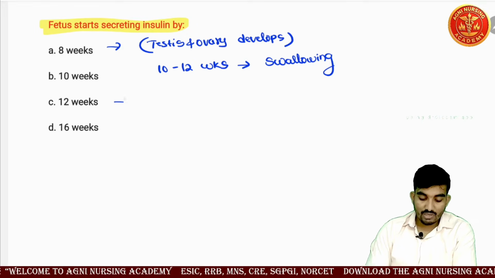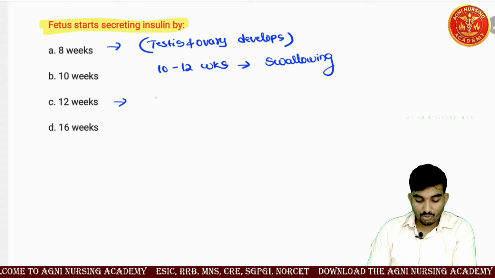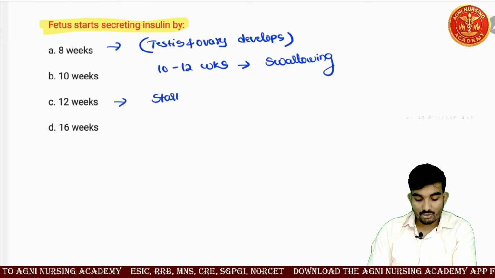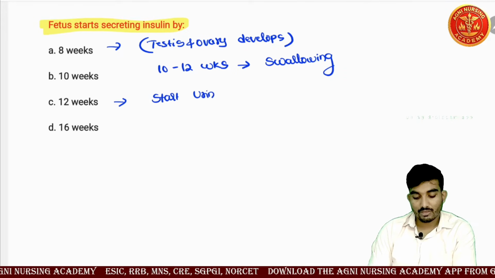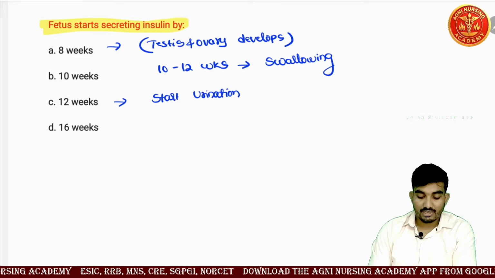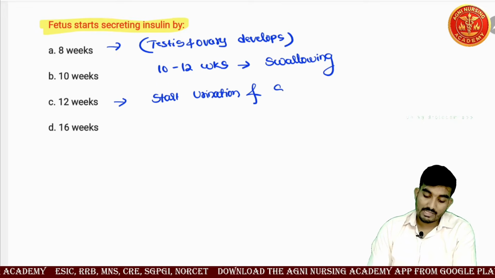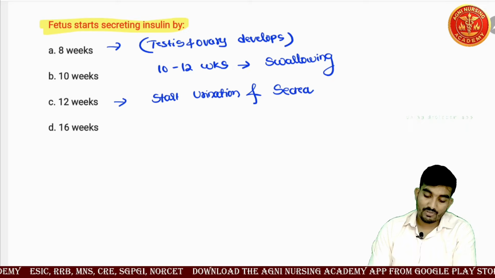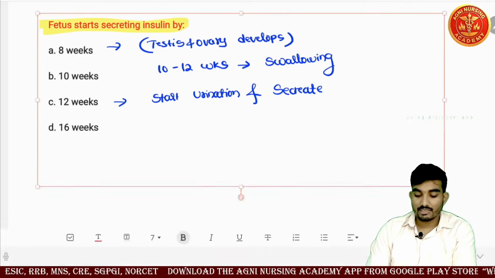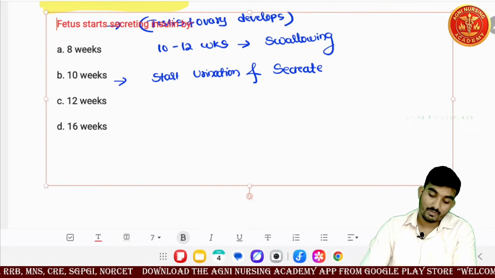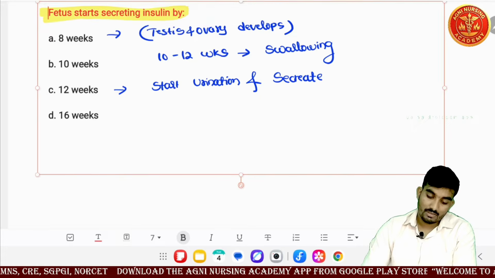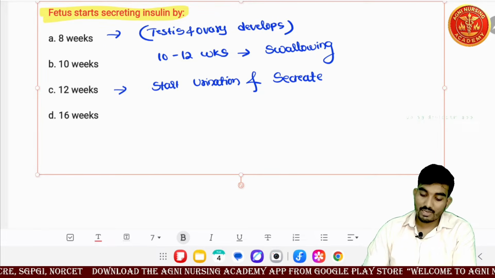At 12 weeks, the baby starts urination and starts to secrete insulin at 12 weeks.